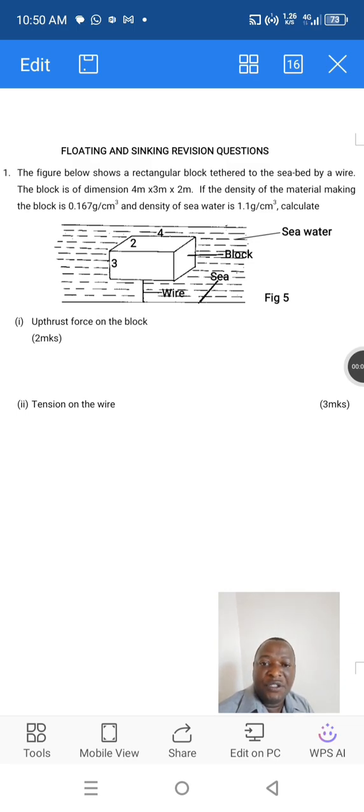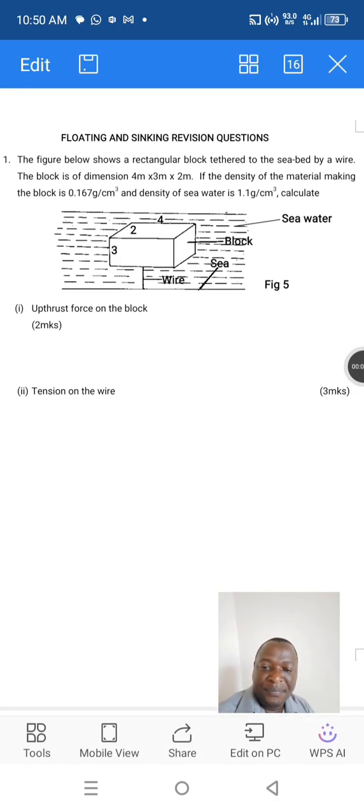For us to be able to solve this question, we must have an understanding of Archimedes' principle. What does Archimedes' principle state? It states that when a body is partially or fully immersed in a fluid, it experiences an upthrust force equal to the weight of the fluid displaced.